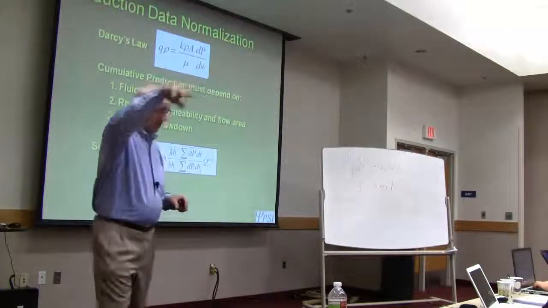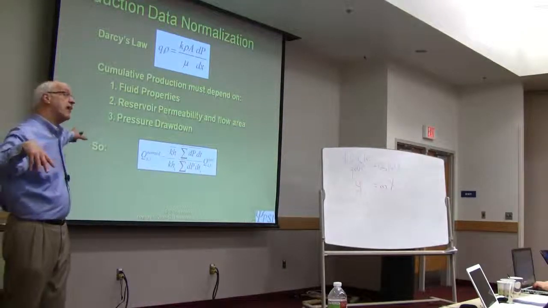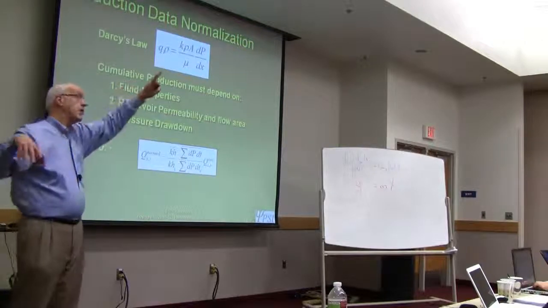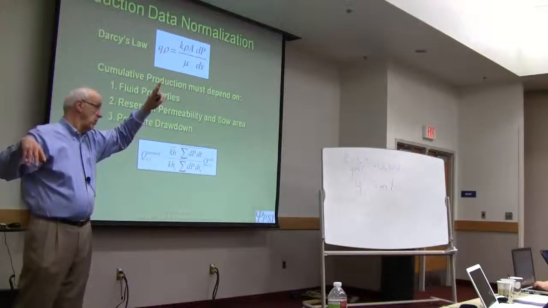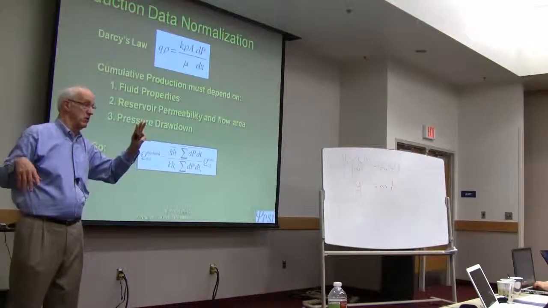Dead on. Because I may have destroyed the well because of the way I changed the pressures, or because of the reservoir quality, or because of the drained area, the pore volume that could contribute.